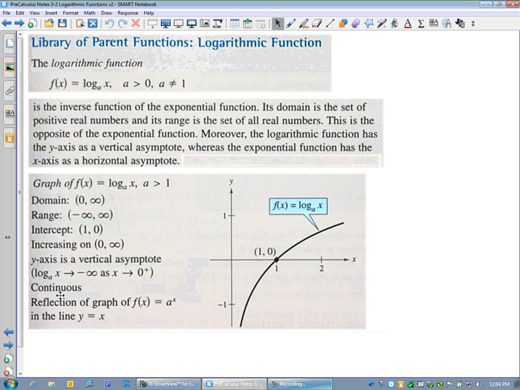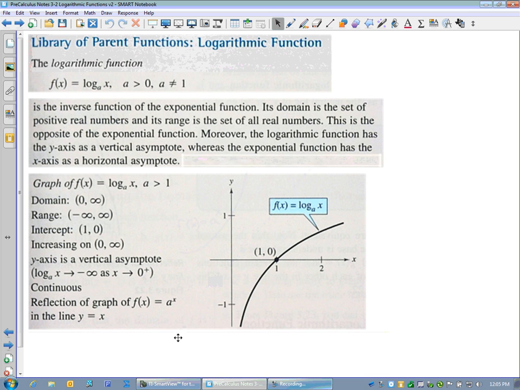Also, this is a continuous function, no holes in it. And here's the important one that goes back to it being the inverse of the exponential function. The graph itself is the reflection of that exponential function about the line y equals x.